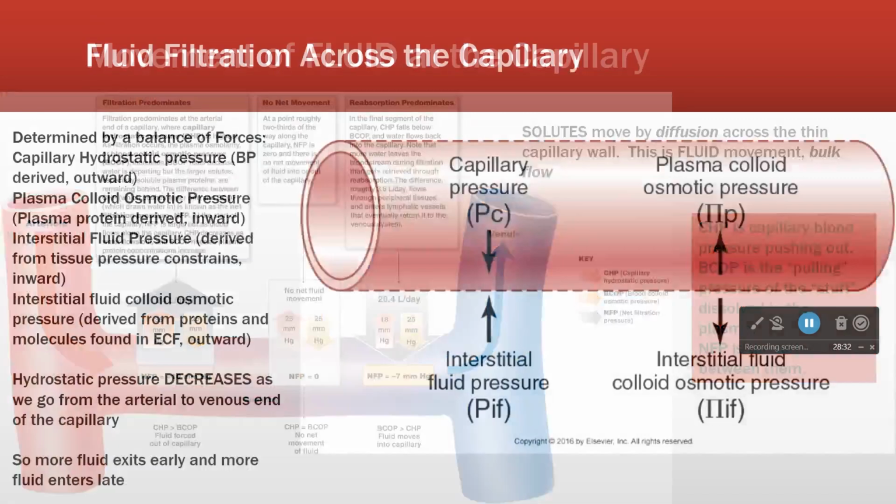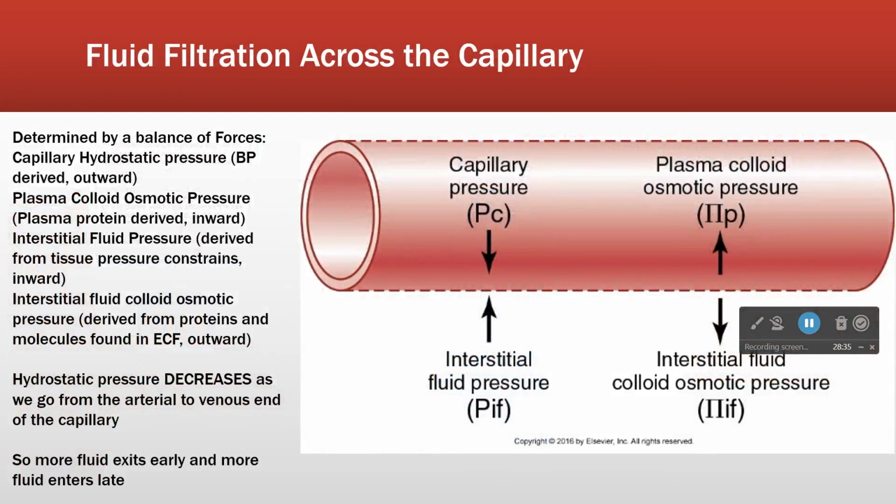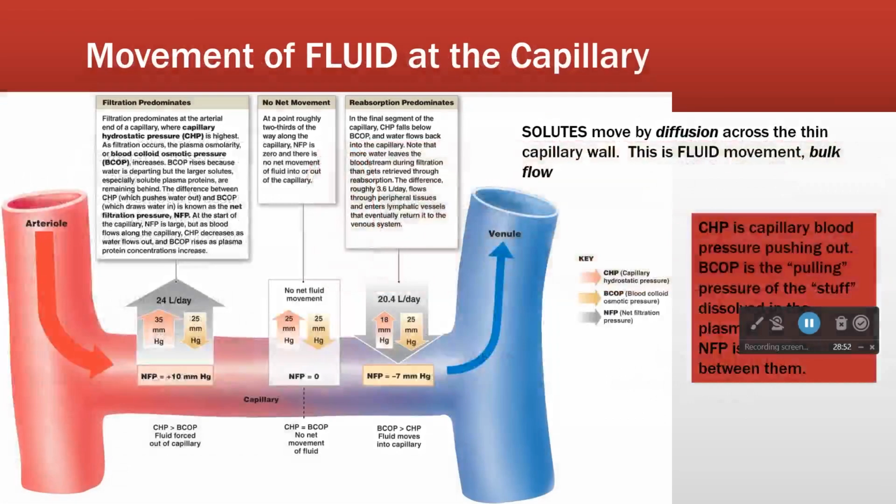You can take all of those pressures, like you can add the two inbound pressures, the interstitial fluid pressure and colloid pressure. You can add the capillary and interstitial, and you can subtract, and then you'll get this, right? So we're just simplifying it for this point. So capillary hydrostatic pressure out, colloid osmotic pressure in.